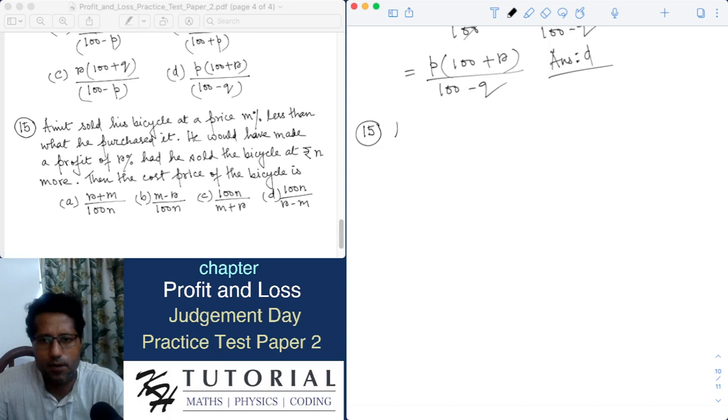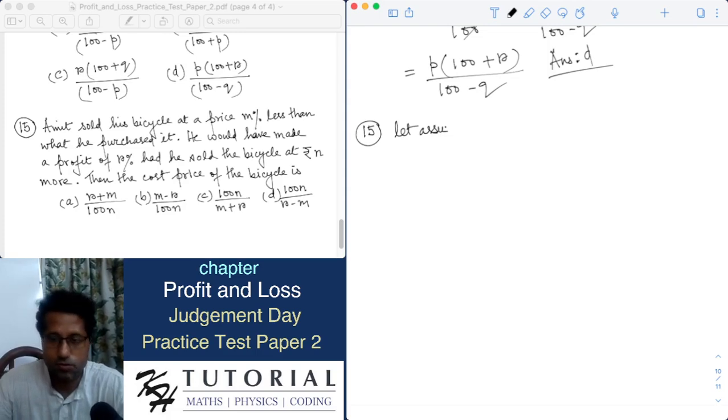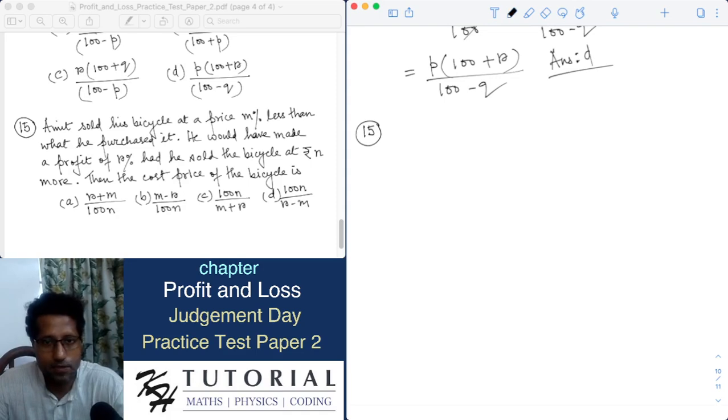Let's use CP only, that way it will be easier to understand. So Amit sold his bicycle at a price M% less than what he purchased it for. This means the selling price will be M% less than the cost price.